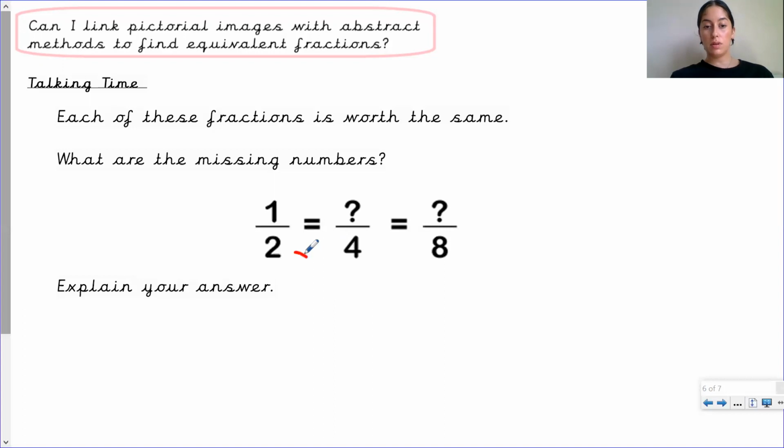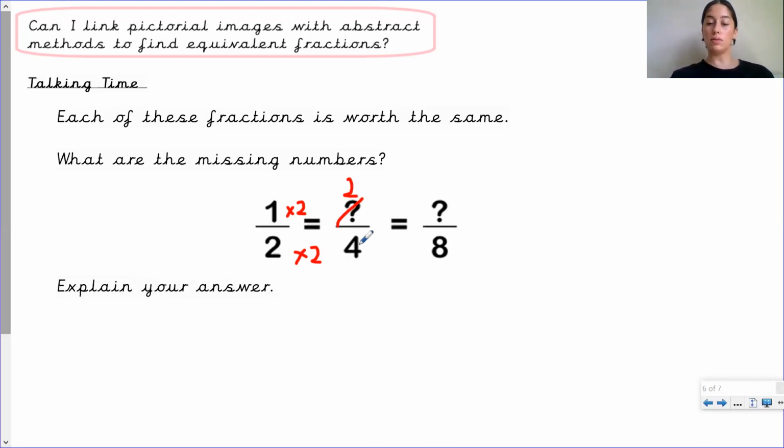Multiplied by 2, because 2 times 2 equals 4. So we must also multiply the numerator by 2. What's 1 times 2? 2. So this is 2 quarters.